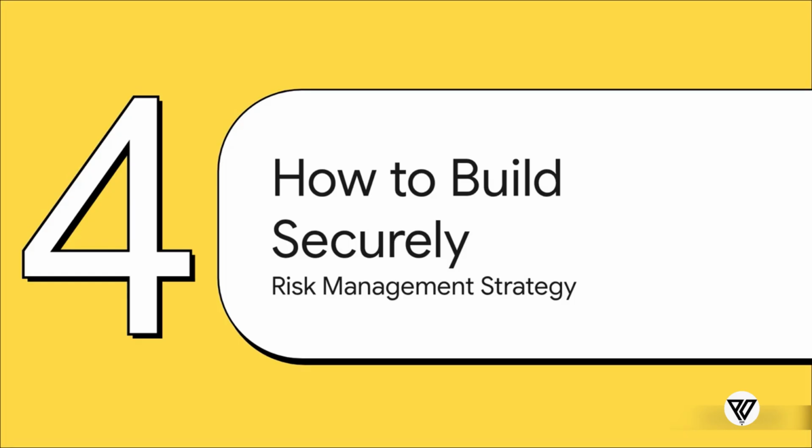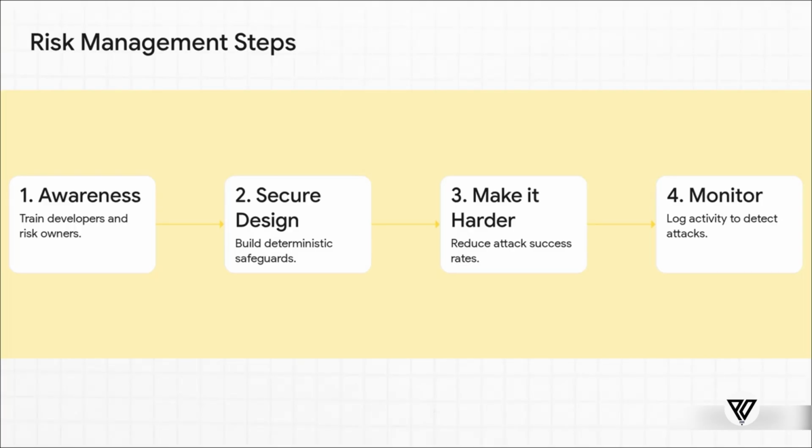So, if we accept this new reality, that the risk isn't going away, what on earth do we do? Well, we have to completely change our approach to building these systems. We need to focus on resilience, on damage control, and on designing everything with the core assumption that the LLM will be tricked. And that really breaks down into a 4-part strategy. First up, awareness.